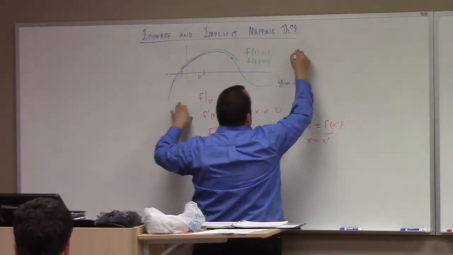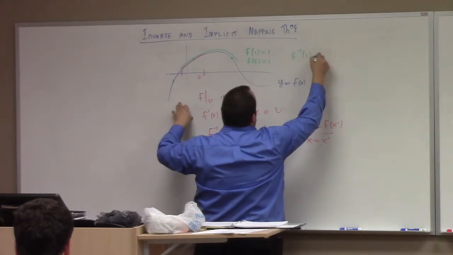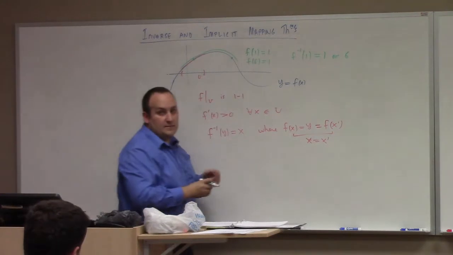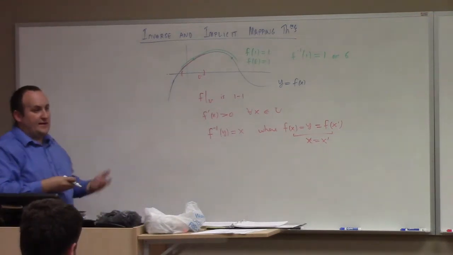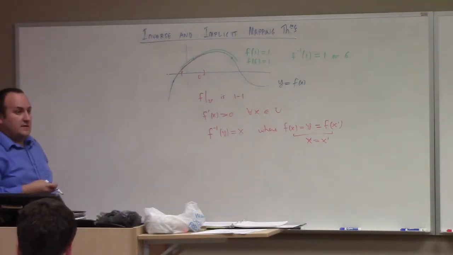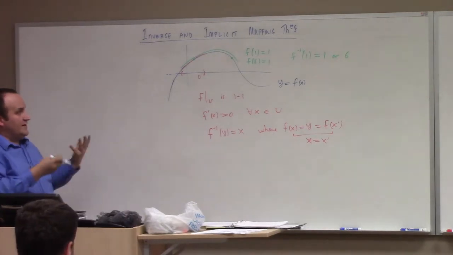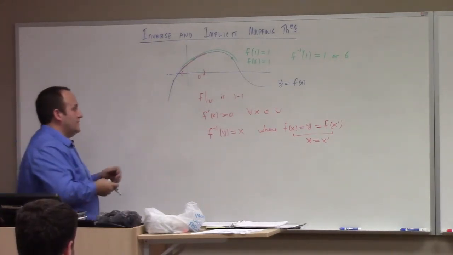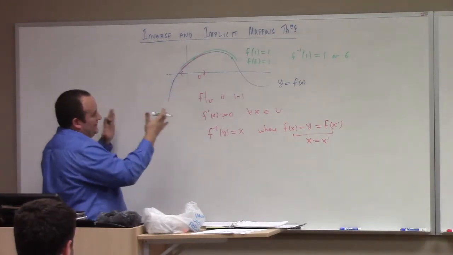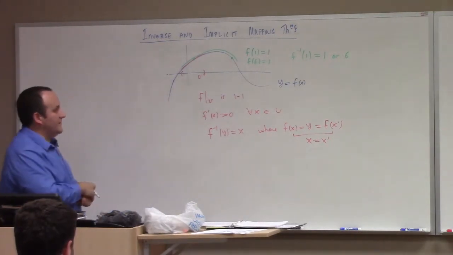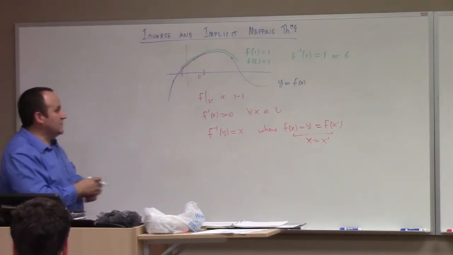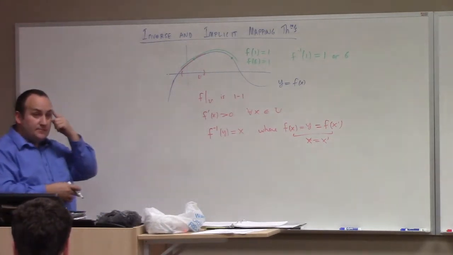So when I ask the question f inverse of 1 equals, well, is it 1 or is it 6? I can't decide. So we can't construct an inverse function if the domain we're looking at doesn't keep the function injective. But if we can look at a restriction of the function, then we can construct what's called a local inverse for the function, right?